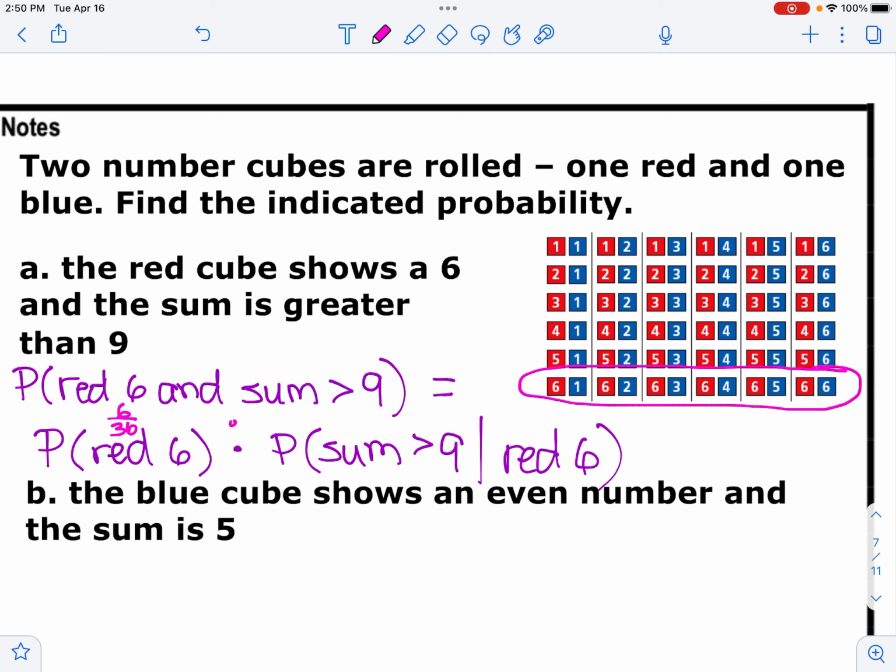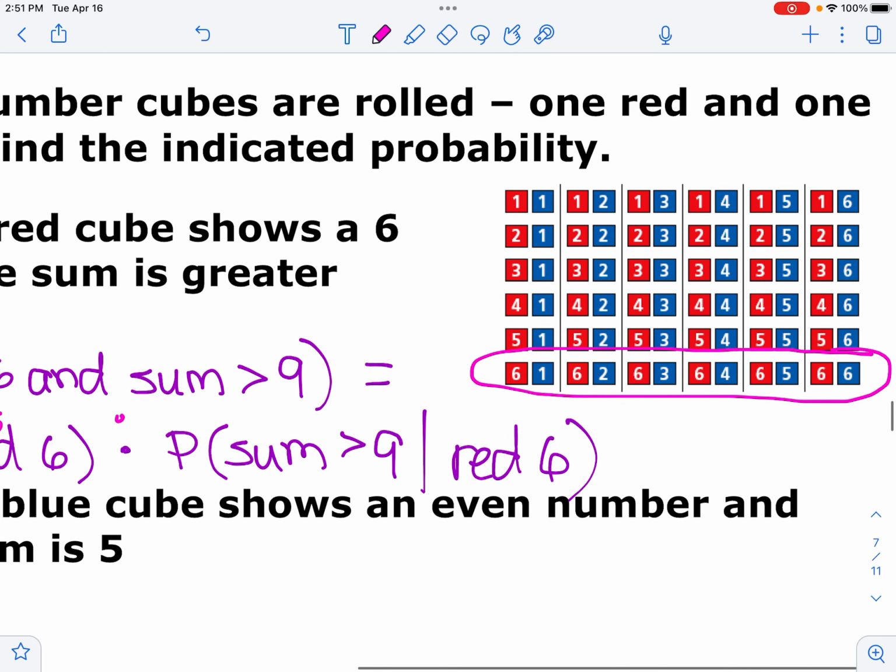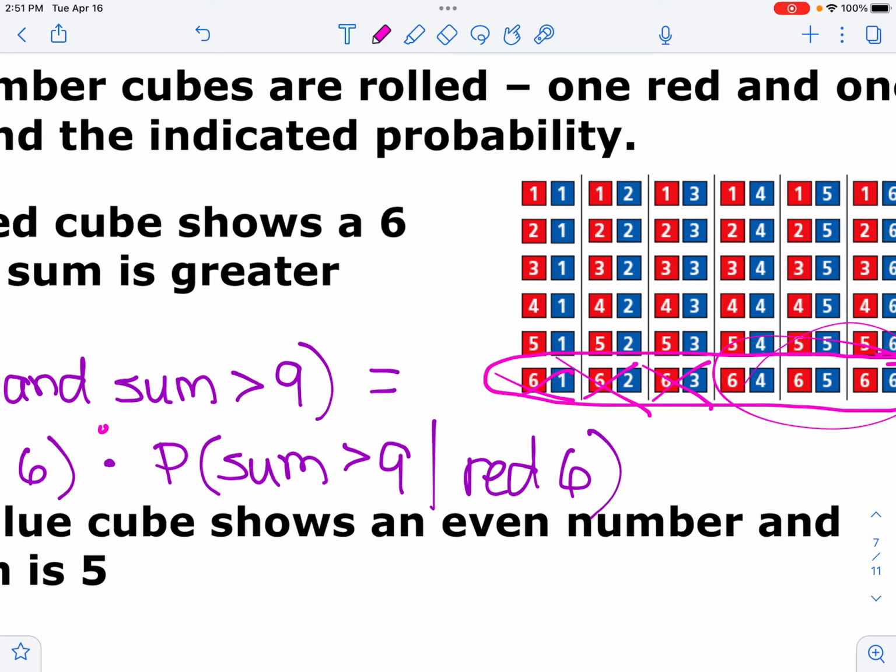So now that impacts my probability because I'm only looking at that line, not all 36. So how many of those ones that I circled have a sum greater than 9? So no, this is 8, greater than 9, so this one won't work. So these 3. So that is 3 out of 6.